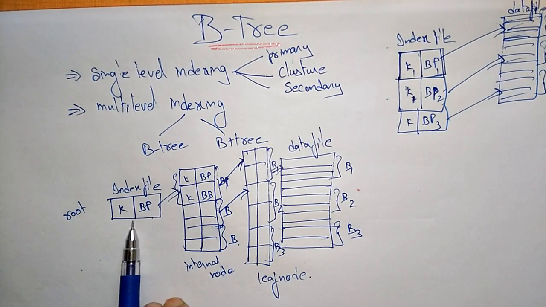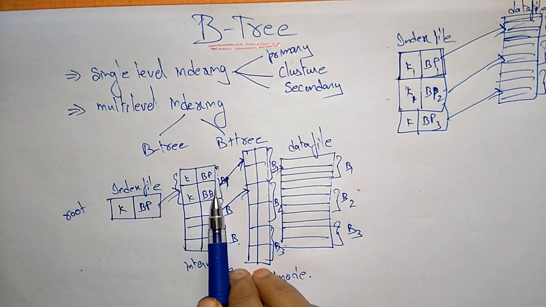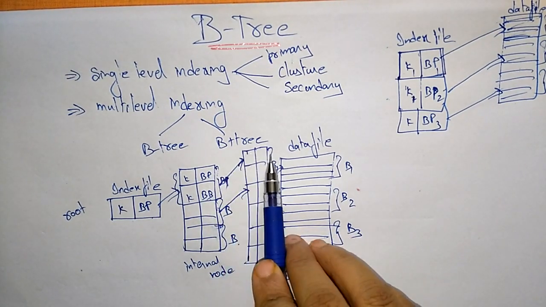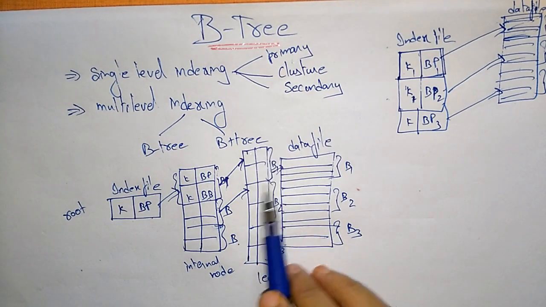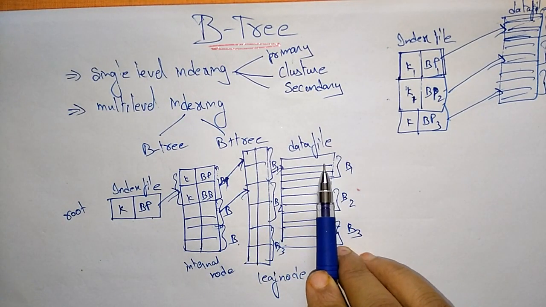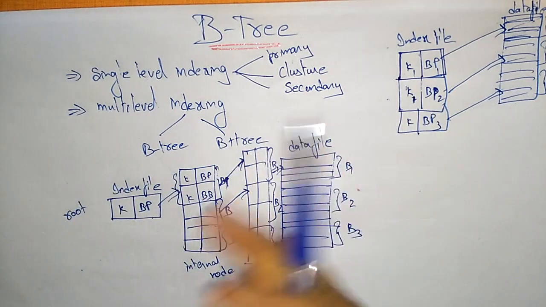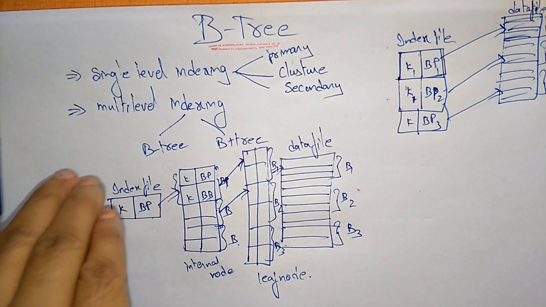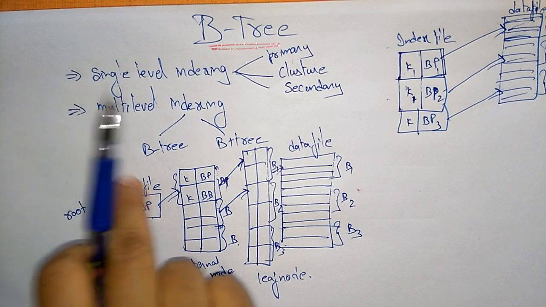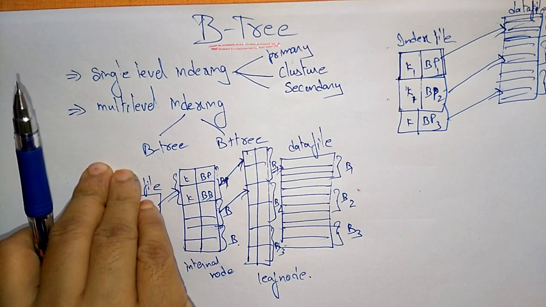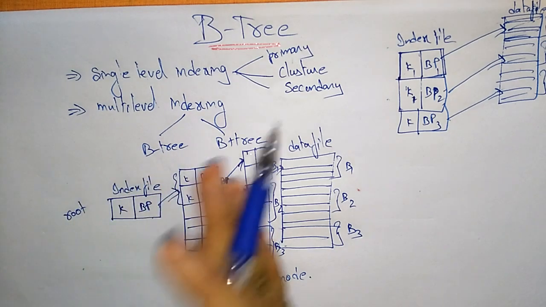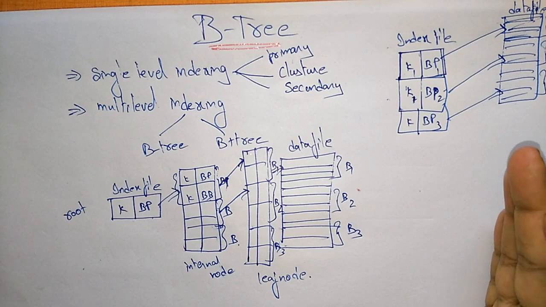Whereas here, only one entry first points to the internal node. Two entries point to one block pointer, and these two entries point to another block pointer. So the size of the index file that is accessed by the disk is reduced. Only a limited number of fields will be there in this index file. This is multi-level indexing.